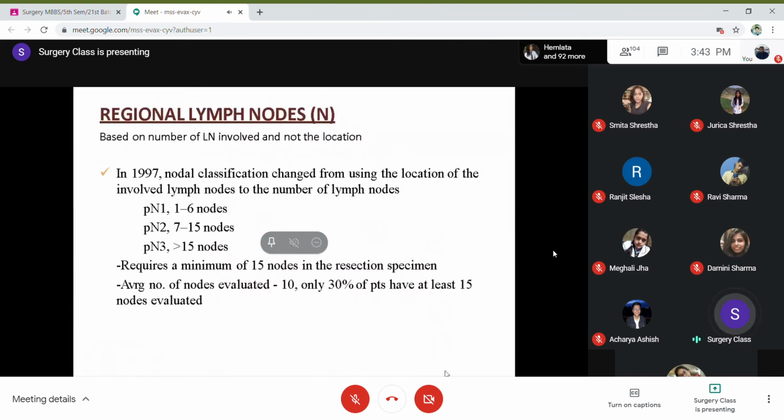When you talk about the pathological stage, N1 is 1 to 6 nodes, N2 is 7 to 15 nodes, and N3 is more than 15 nodes. Whenever you have done a surgery, you look at which nodes are involved. A minimum of 15 nodes you have to take out when you are doing surgery, and if 1 to 6 nodes are involved in that specimen sample, you call it N1, and then N2 and N3 respectively.